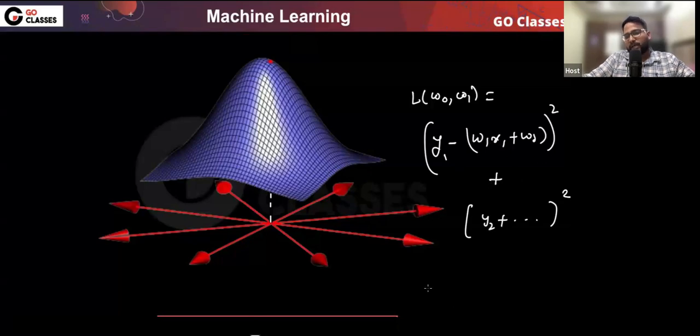Now, if you find the gradient of this, how many dimensions will it be in? 3, 4, 2, 1? 2 dimensions, right? It will be like this, with respect to w naught and with respect to w1. So the gradient is a vector which is a 2 dimensional vector currently in this case, right?